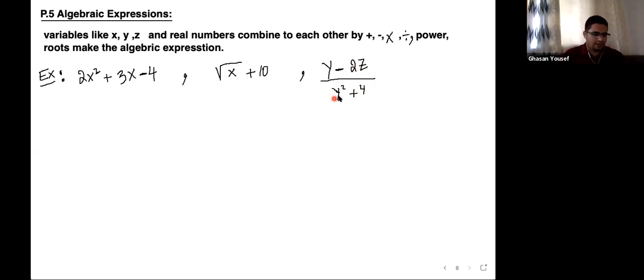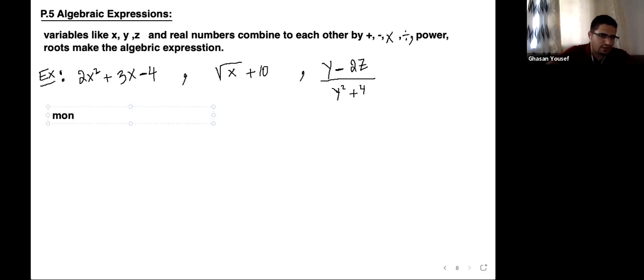Now, we have another thing we have to know. It's called the monomial. These are the WebAssign questions about monomial. They focus on monomial and also binomial and trinomial.